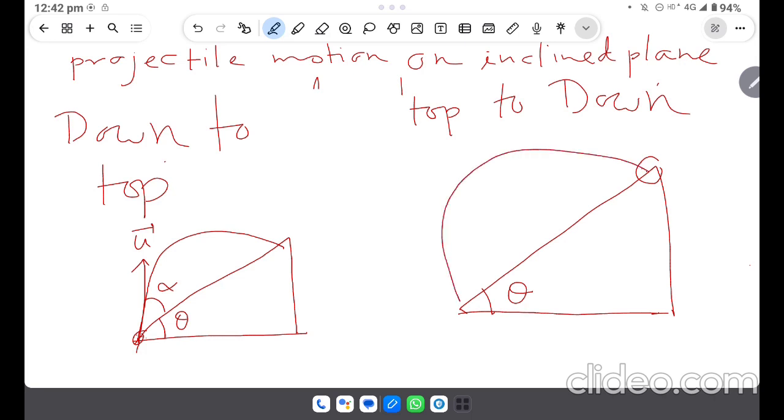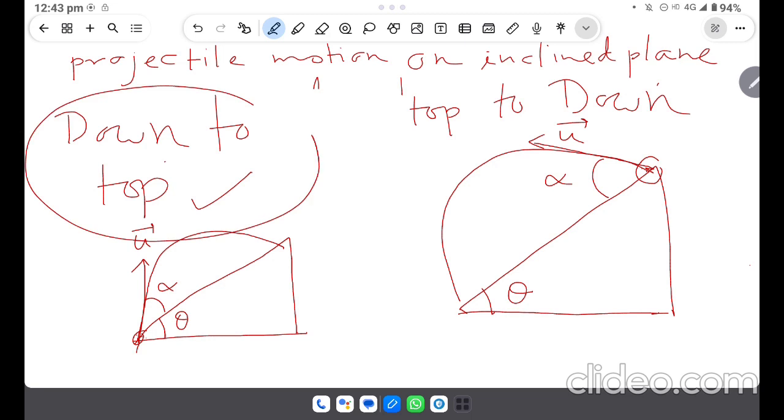And let us consider that the initial velocity with which the ball or stone is being thrown makes this angle alpha. So these are the two different types of the projectile motion on the inclined plane. One is the down to top motion, where we are throwing the object from the bottom point. Second one is the top to bottom. So at first we are going to discuss the down to top projectile motion on the inclined plane.